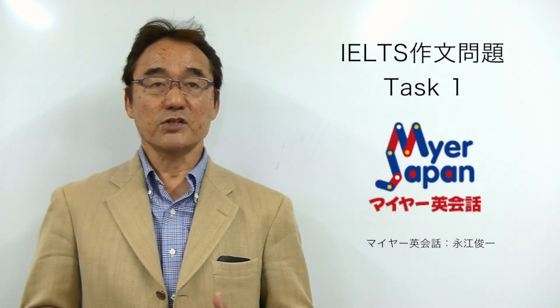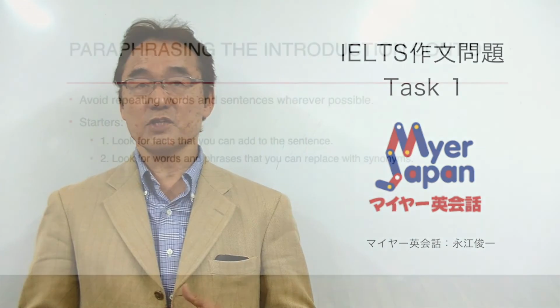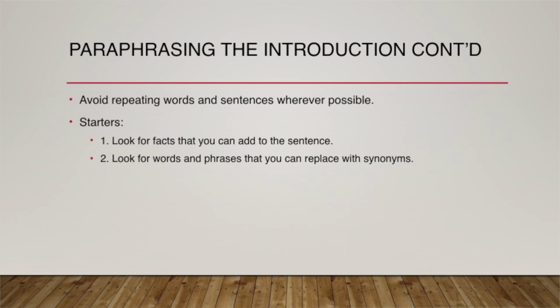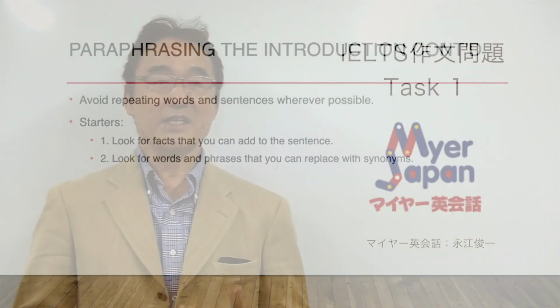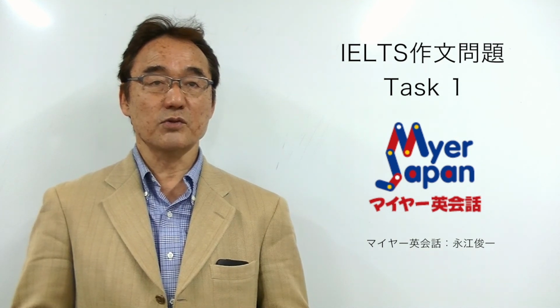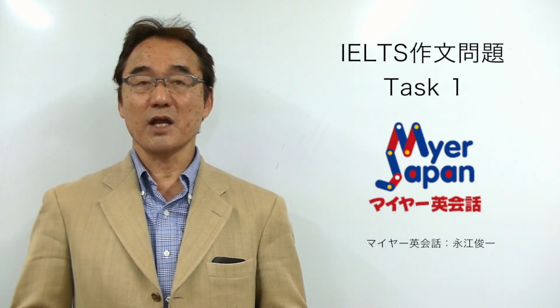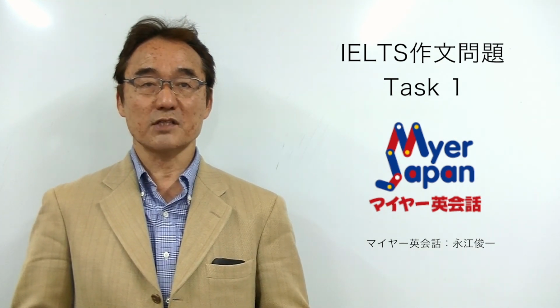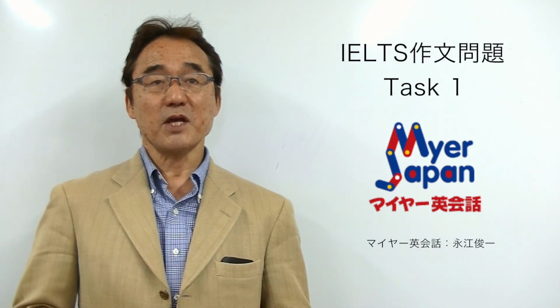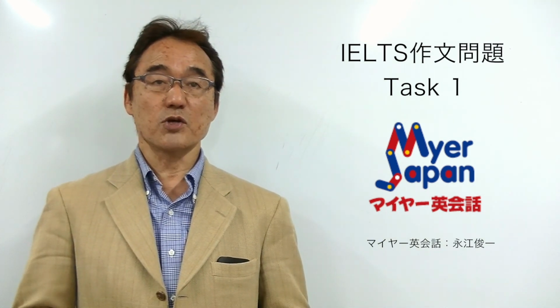Step 2. Look for words and phrases that you can, with confidence, change without changing their material meanings. For example, UK is short for the United Kingdom. From 1995 to 2002 is the same as between 1995 and 2002. Give information about means similar to show.